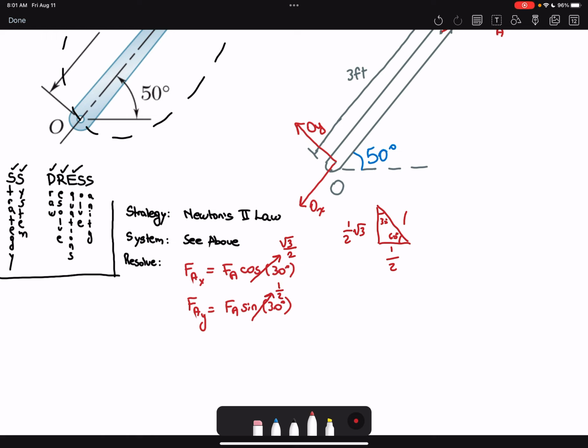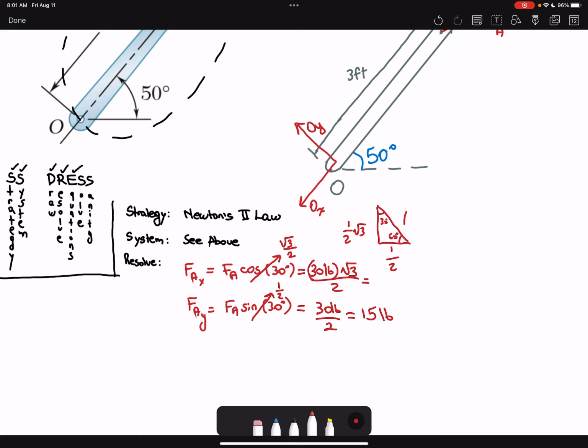So now we can write that FAX is going to be 30 pounds times the square root of 3/2, and FAY is going to be 30 pounds divided by 2. So this is 15 pounds, and this one right here, let me get my calculator out.